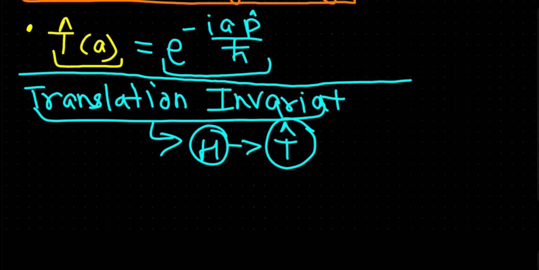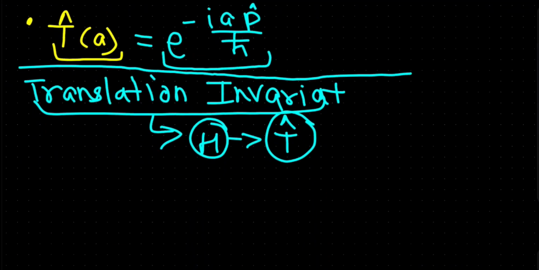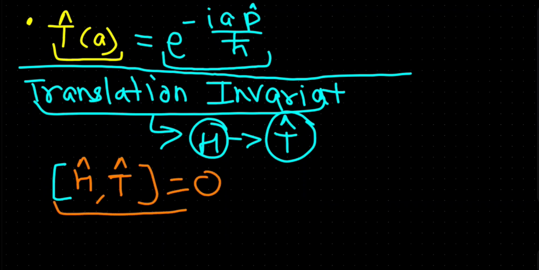If it doesn't change, we can conclude that there might be some sort of commutation relationship. So yes, there is a commutation relationship: the Hamiltonian commutes with the translation operator. And you know what the meaning is when some quantities commute with each other.